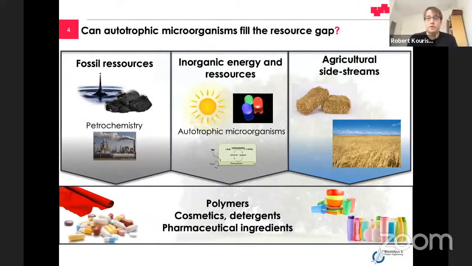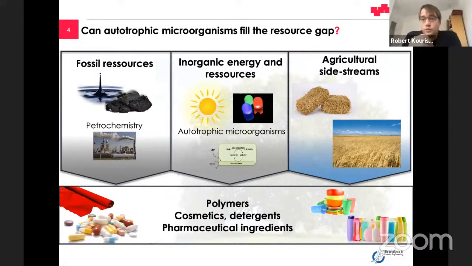This is a bit the problem our society has right now, which is where will the future resources come from. On the left side, you see there are fossil resources. These are established routes, but this creates a lot of waste and consumes a lot of energy. And we also do not know if this resource base will hold in the future.